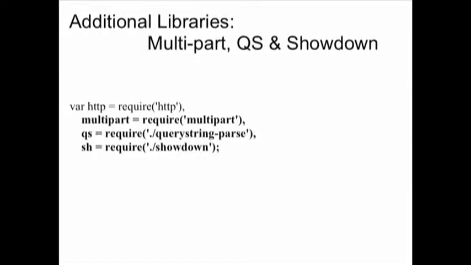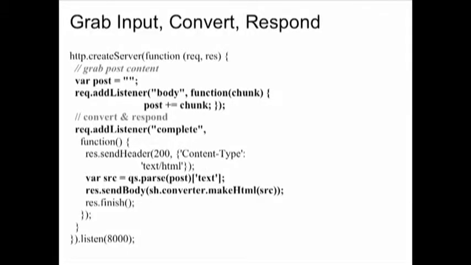So to actually make this do our implementation of Markdown, we're going to use the Showdown library, a query string parser, and a multi-part form library that's included. To modify the existing example code on our server, all we have to do is first add some code that will grab the post content and save it for later.